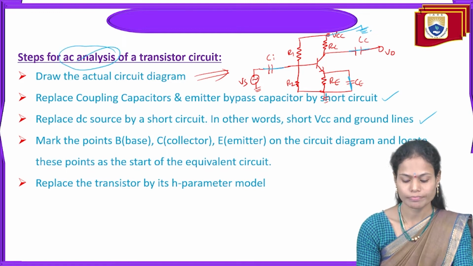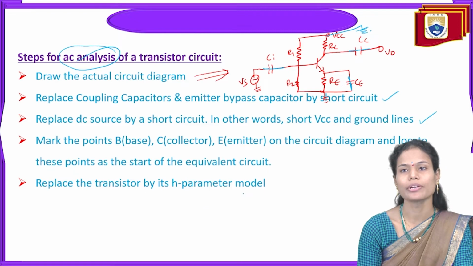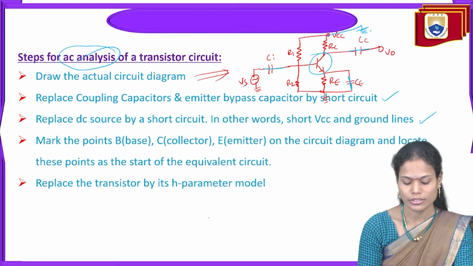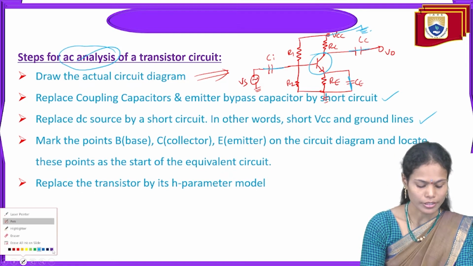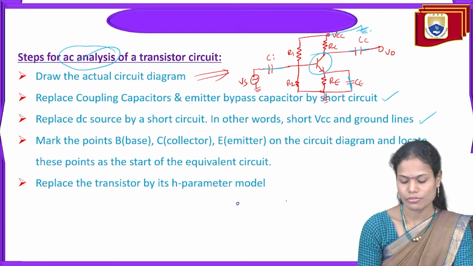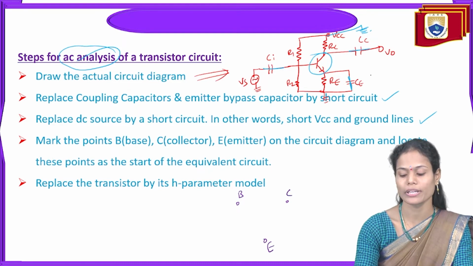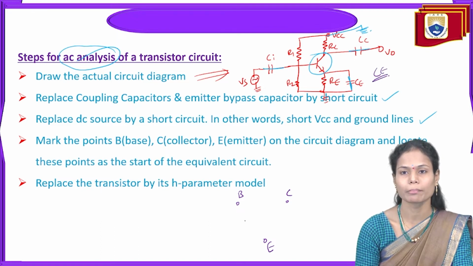And after that we have to draw the hybrid equivalent circuit of this transistor here. So for that purpose, I am taking the three terminals of the transistor, that is base, collector and emitter terminal. Though it is the common emitter amplifier, that's why I am taking the emitter terminal common between the base and collector here. So what are the elements which are connected to the base and emitter here in the hybrid model?